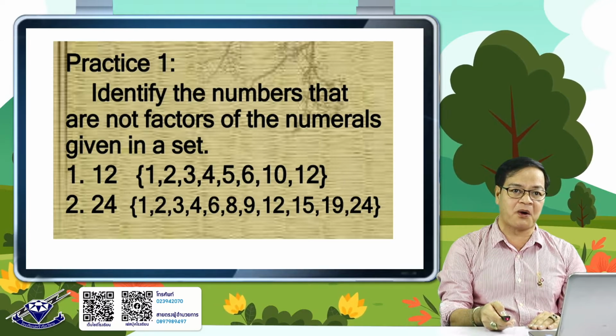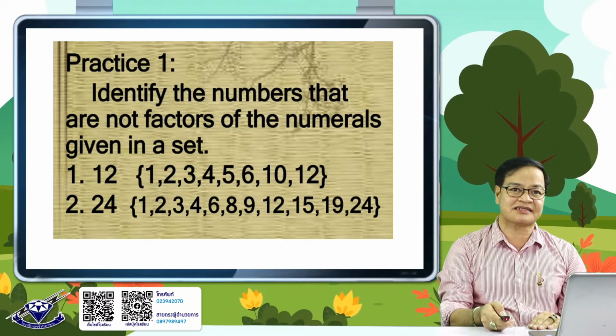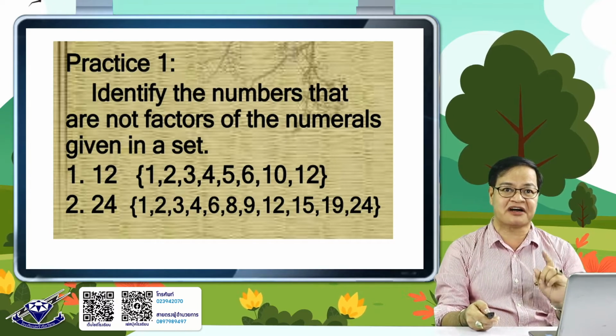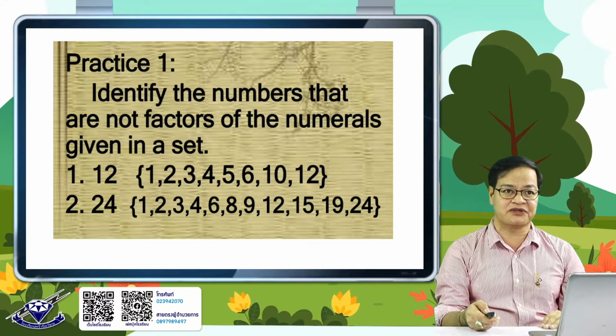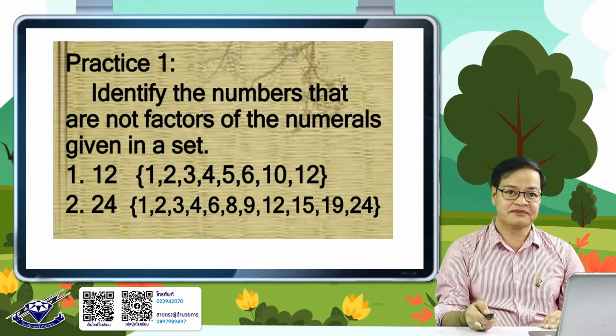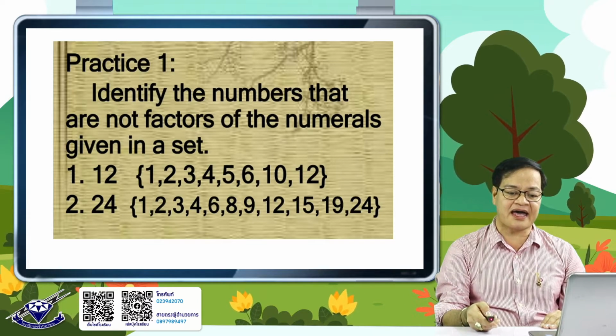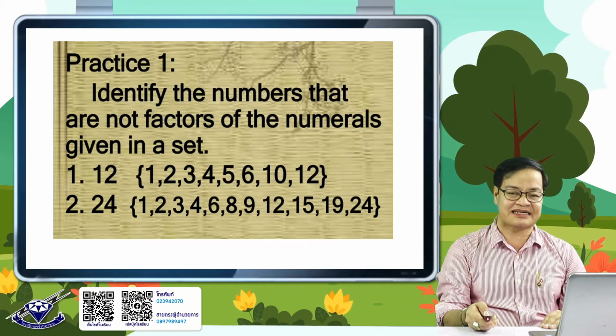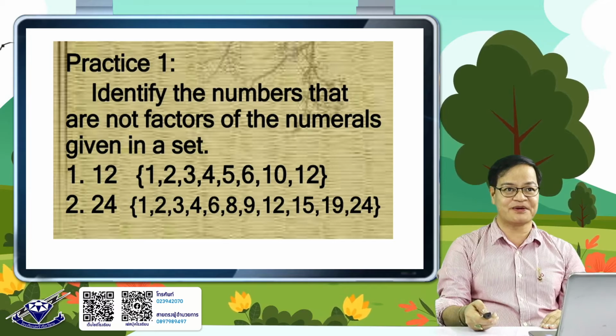Another is 4 and 6. Now, you identify the numbers that are not factors of the numerals. We have 9, 15, and 19. Okay, very good.